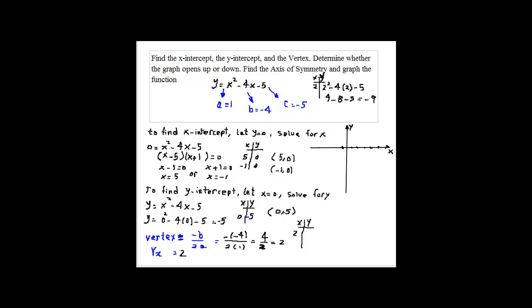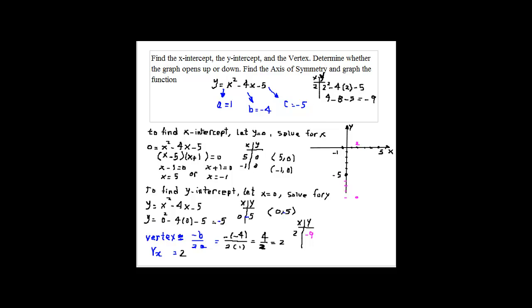This point here would be 5, this point here would be minus 1, and then the y-intercept is equal to minus 5, here. And now we found that the vertex would be 2 and minus 9. This is 2, and this 9 is somewhere on here. So this would be the lowest point.